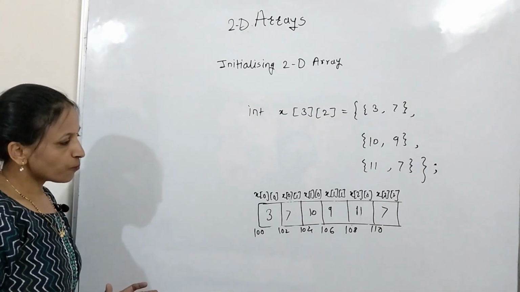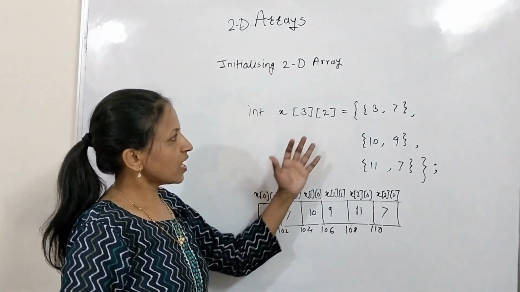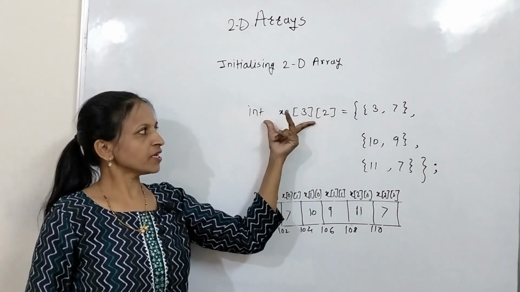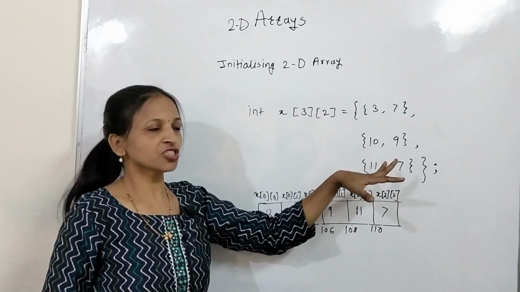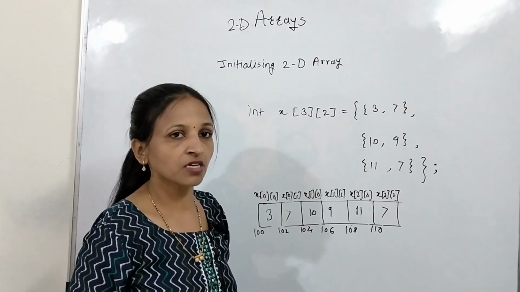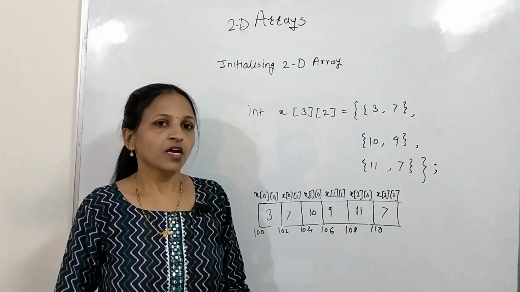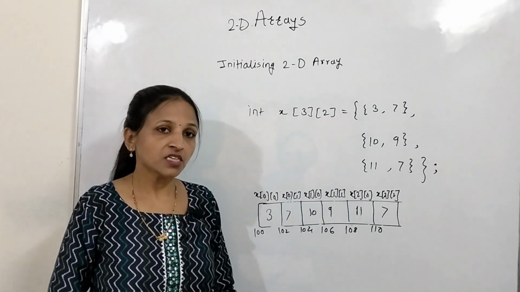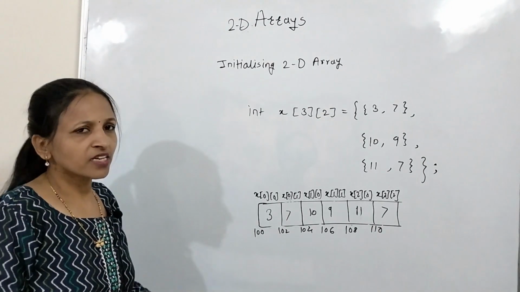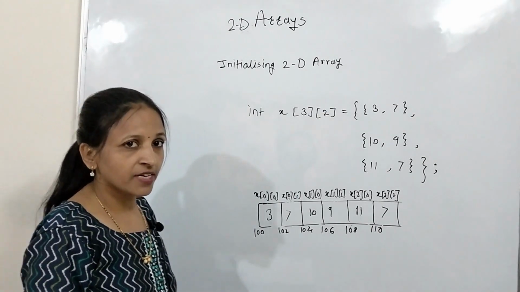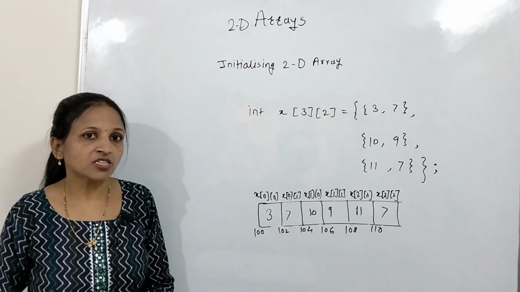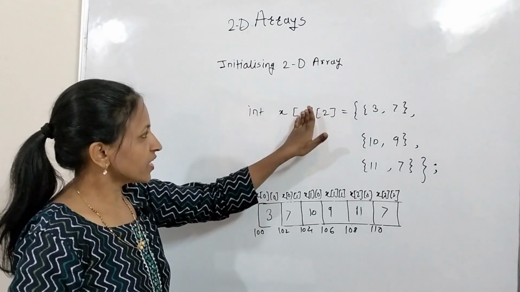Now see, one more point is there. If we are initializing an array at the time of declaration, this is nothing but declaration of array, and setting initial values, that is nothing but initialization of that array. In case of the one-dimensional array, we have seen that if we are initializing the array at the time of declaration, then size is not compulsory. But here in case of a two-dimensional array, keep in mind, we cannot specify it like this.